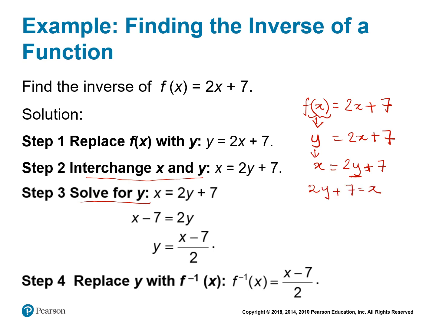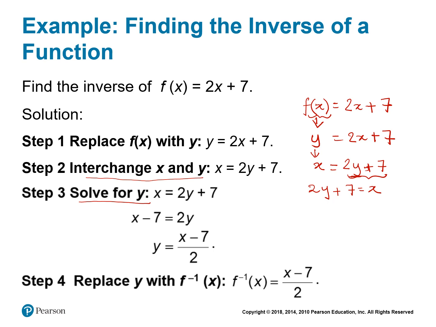I'm doing that simply because we are used to seeing the solved variable on the left hand side and the expression on the right hand side, correct? So I will want the y on the left hand side and everything over to the right. So all you do is just switch the sides. 2y plus 7 goes on the left hand side and x goes on the right hand side.